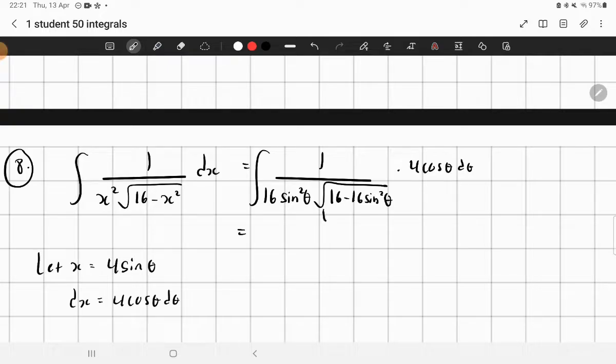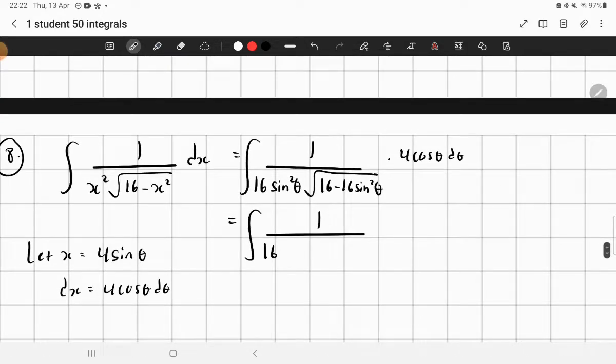So this term you could express as 4 times the square root of cosine square theta, over 16 sine square theta. You have to remember that the 16 here could be factorized, and the square root of 16 will be 4, and this 4 can be cancelled out with this 4. Therefore, you are left with the square root of cosine square theta times cosine of theta d theta.